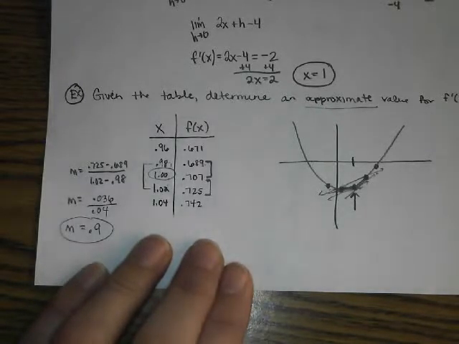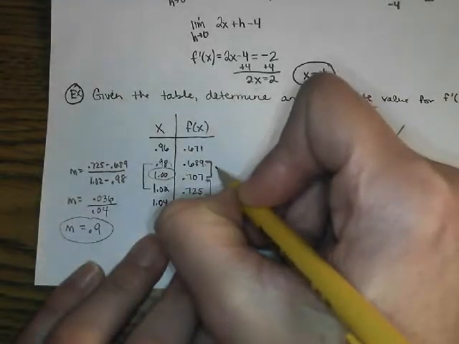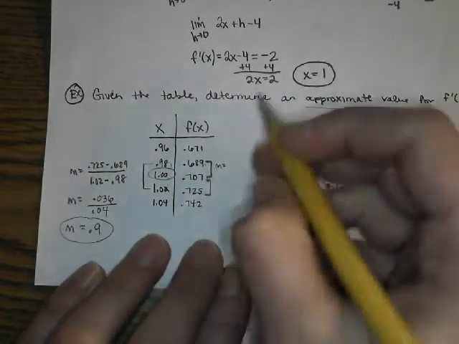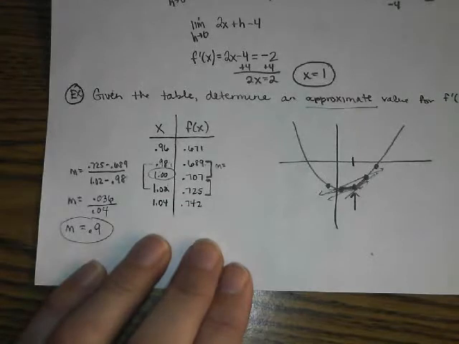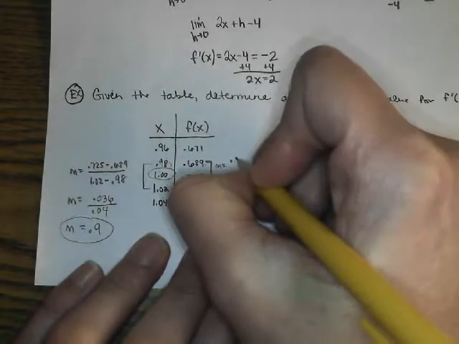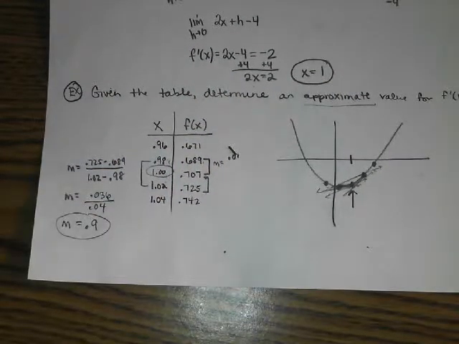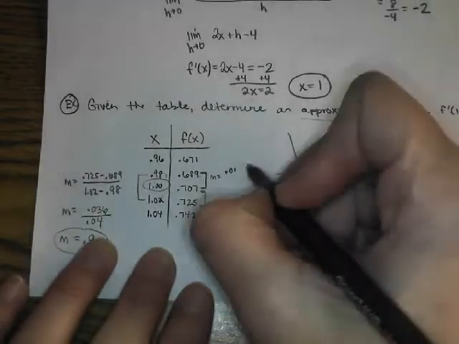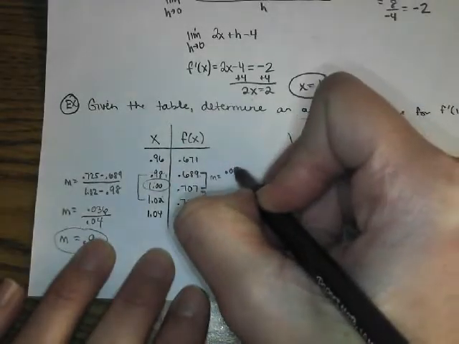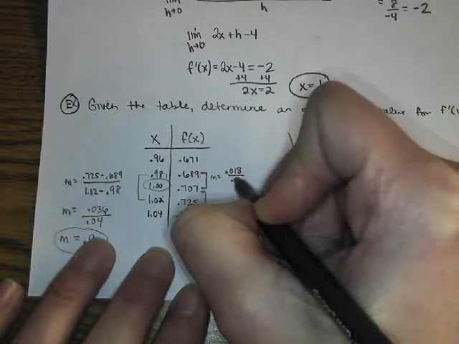So for the one up here, 0.707 minus 0.689 gives you 0.018, divided by 0.02, which is 0.9.